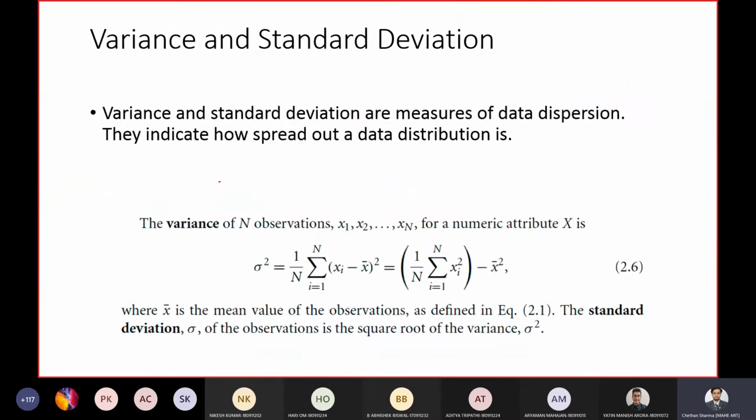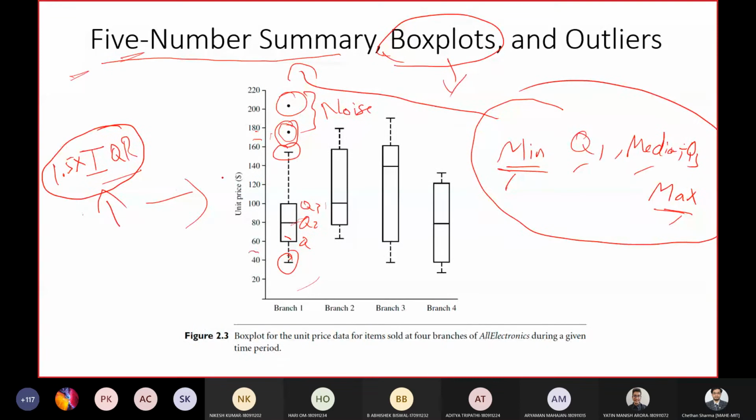If you consider this example, where you have plotted a box plot for unit price data for all the items sold at 4 different branches of a particular organization. In that you can see the lowest and largest value of one of the branches.